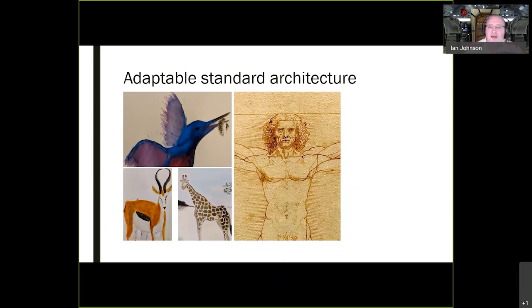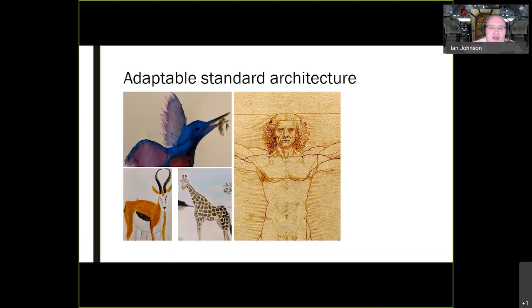And as I say, you look at the diversity of life that has the standard invertebrate architecture. You look at all of that and you go, can we do the same? Are we too busy trying to reinvent the wheel to realize that the architectures are already out there and that we should be making a good choice?